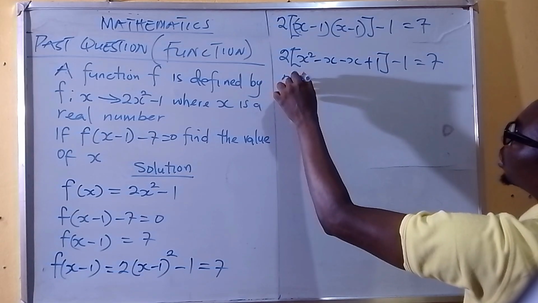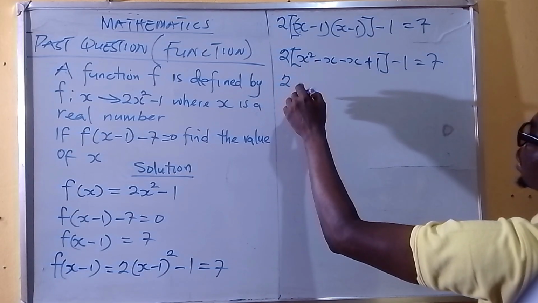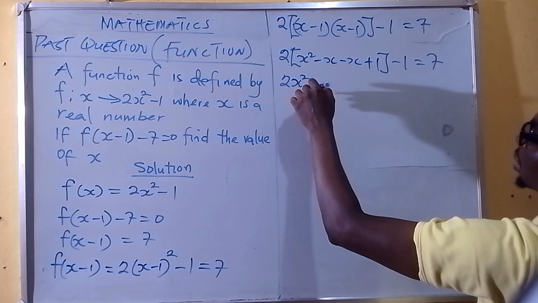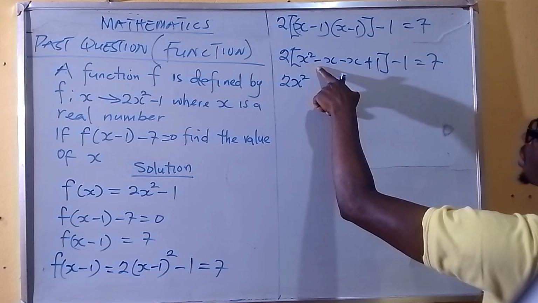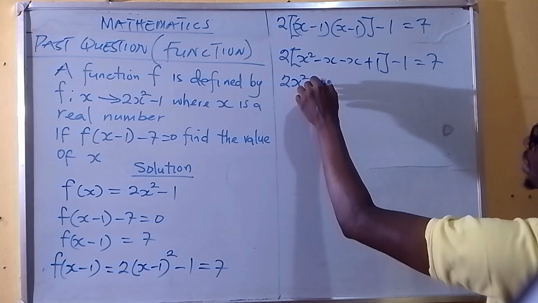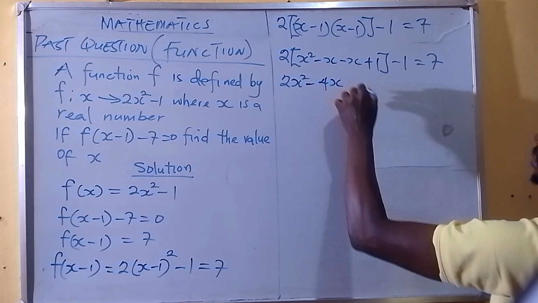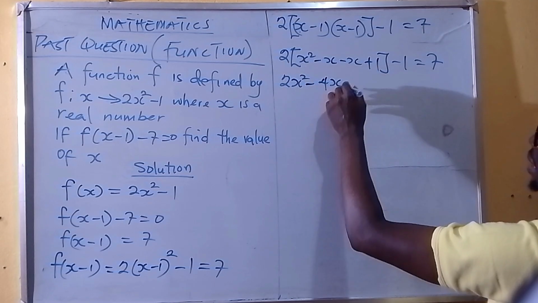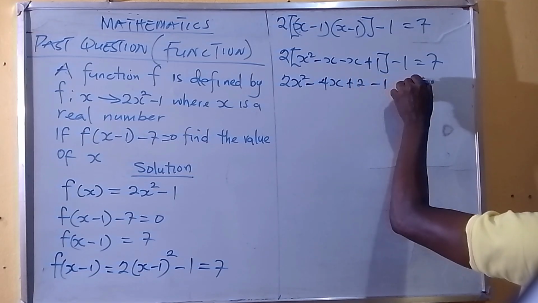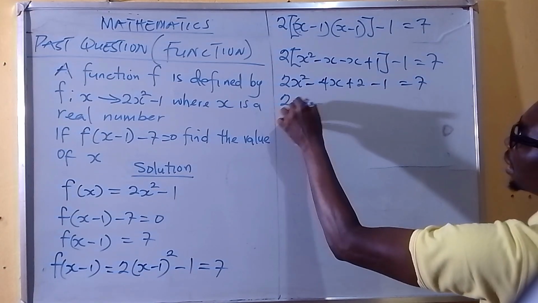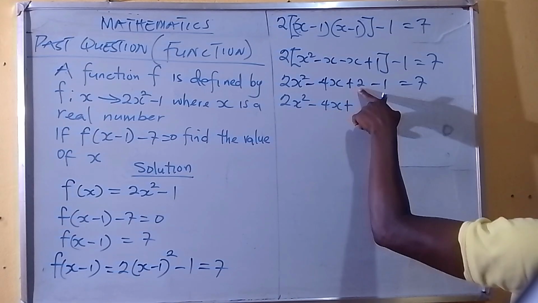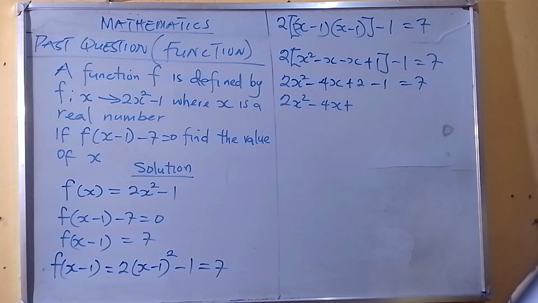So here we have 2 times x squared will give us 2x squared. Now 2 times minus 2x is minus 4x. 2 times 1 is 2. Then minus 1 is equal to 7. So 2x squared minus 4x plus 2 minus 1 is 1.